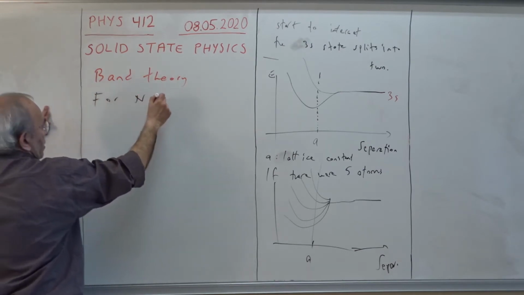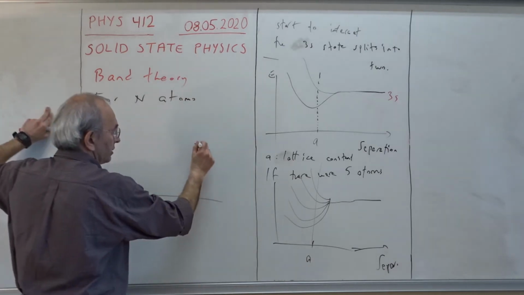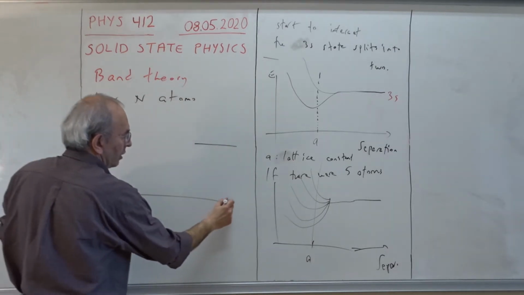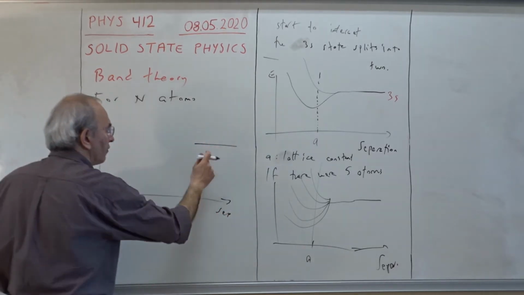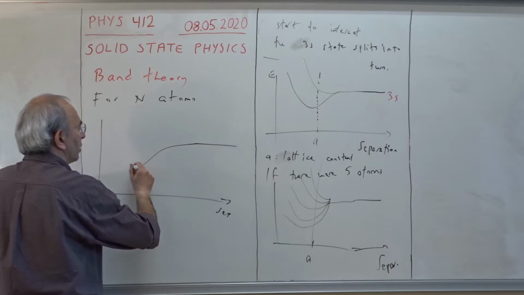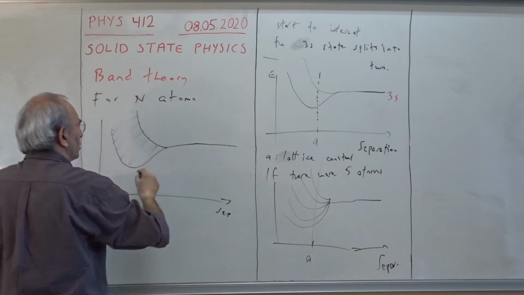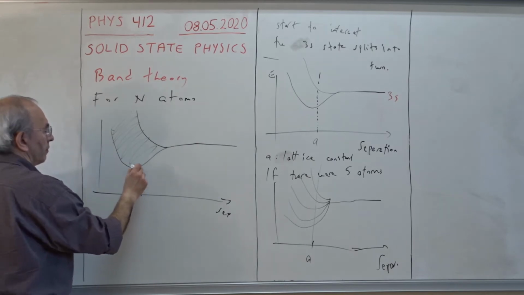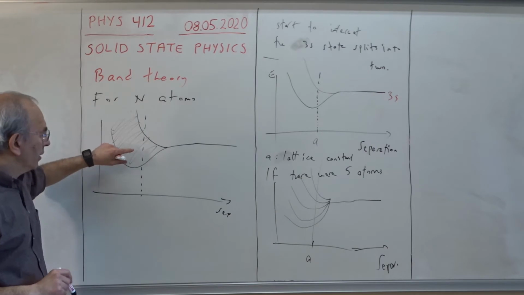For n atoms, we have the following case. At nearly infinity far apart, we have a single level, but this one splits into such a band.